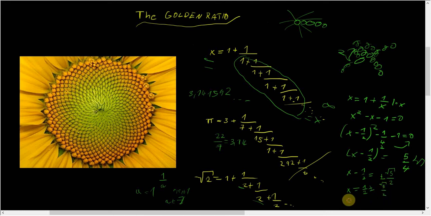Now I can write that in a more beautiful fashion, where x equals 1 plus or minus the square root of 5, over 2. What is this number? This number is 1.61 if we're calculating it as 1 plus the square root of 5 over 2, and it's 0.61 if we're calculating it as 1 minus the square root of 5 over 2.